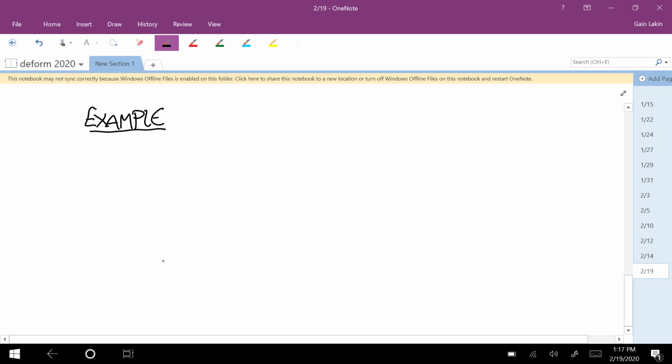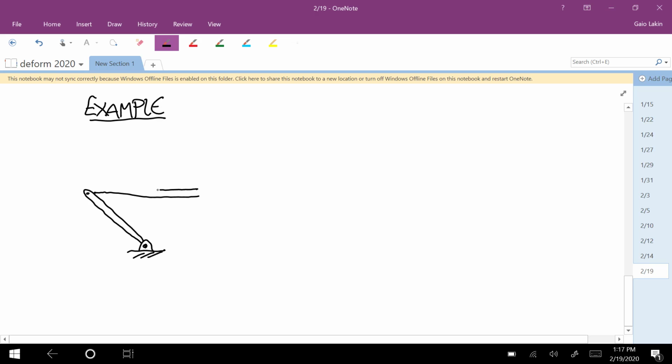Well, let's do it with, this is sort of an unusual format for a truss, but let's say that we have one member here, and then a horizontal member here. That has to be a pin joint. And let's say that the length this way is 2 meters.